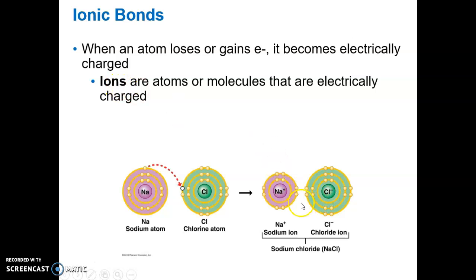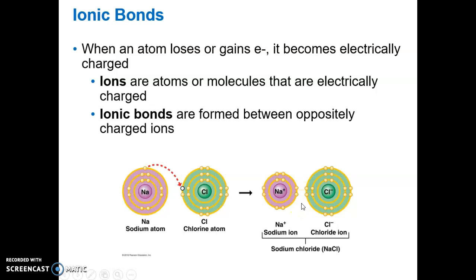They'll form a chemical bond, and that's called an ionic bond, between oppositely charged ions. But what generates the ions is the transfer, loss, and gaining of electrons. It's the electrons that are involved in chemical bond formation. Okay? So, for example, plain old sodium chloride, table salt, is formed by ionic bonds between sodium and chlorine.